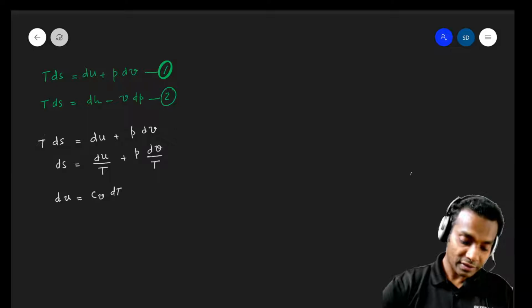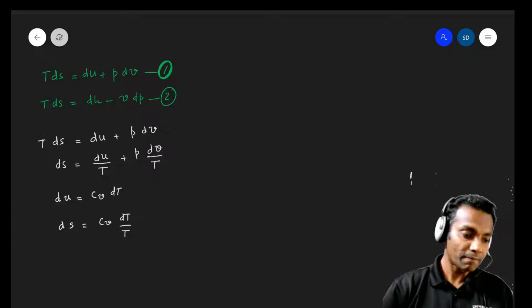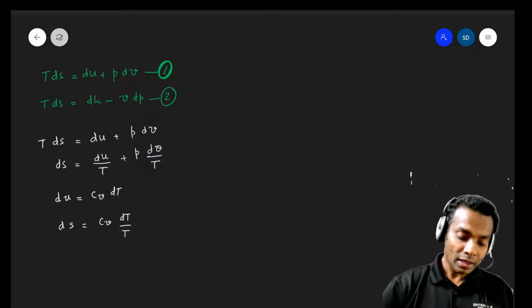So we can say that ds equals cv dT over T, plus p dv over T.